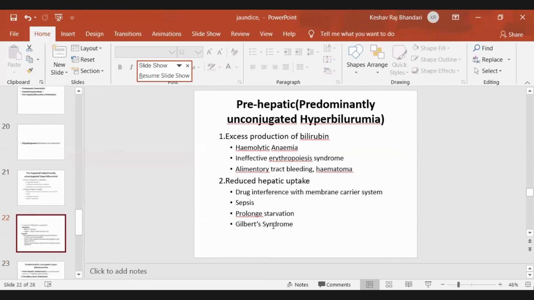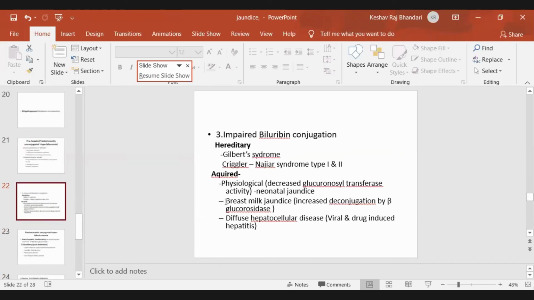So reduced uptake. And then the third one is impaired bilirubin conjugation. Inside the cell, conjugation is defective. It may be hereditary like Gilbert and Crigler-Najjar, or it can be acquired. A lot of it is physiological, as in neonatal jaundice, because the enzyme is immature or decreased, and liver cells are immature. That's why in children there is jaundice, because a lot of RBCs are broken down.